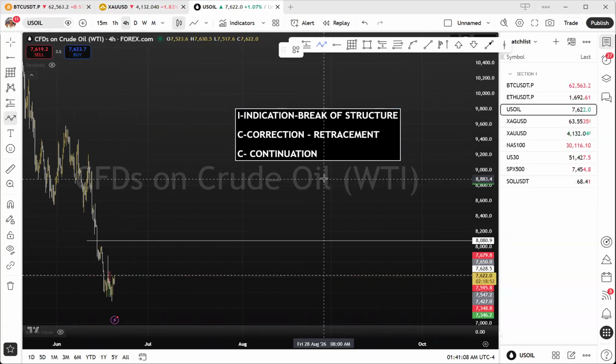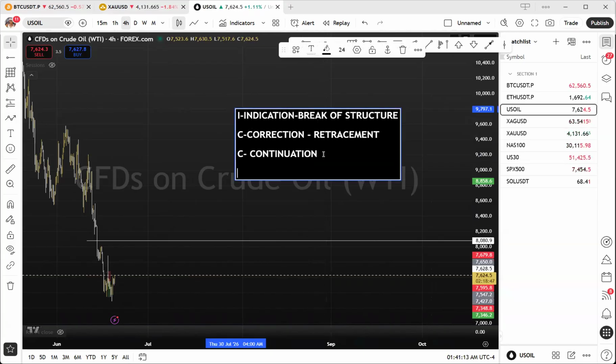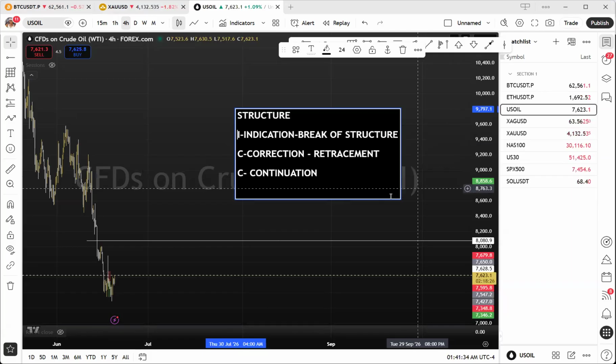The most important thing in this strategy is structure, because the indication, the correction, and the continuation all fall under structure. So while you're facing the structure, you have your indication, your correction, and your continuation. Make it simple. What is structure?